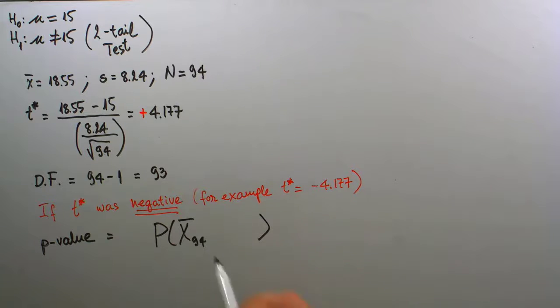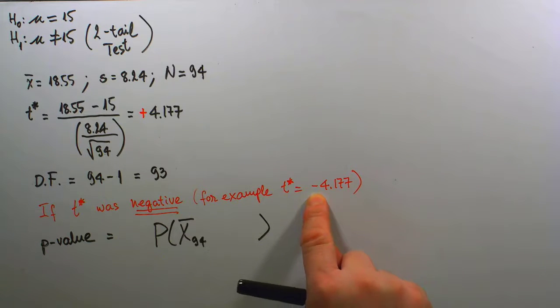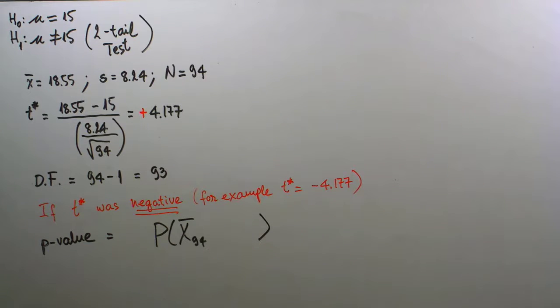But this time, if it was a negative t-score, then we're going to switch the inequality to less than or equal.